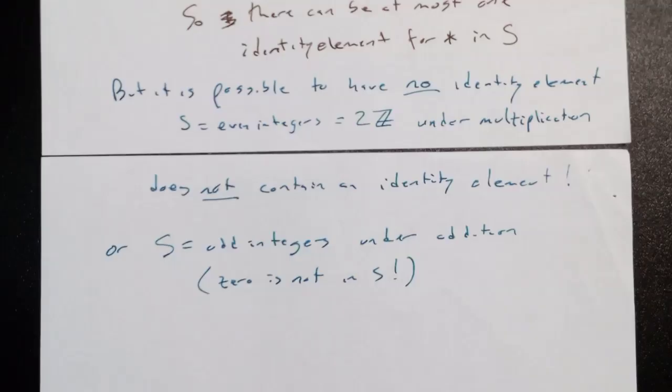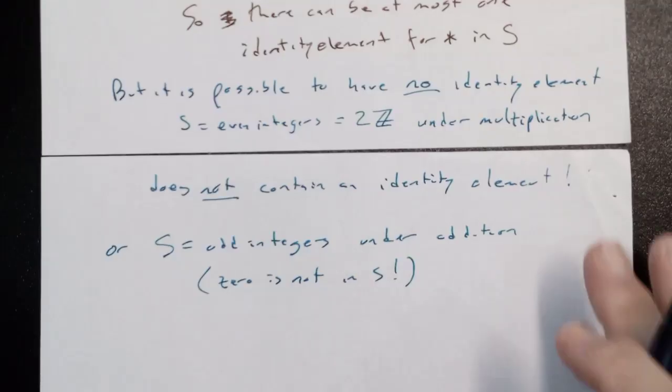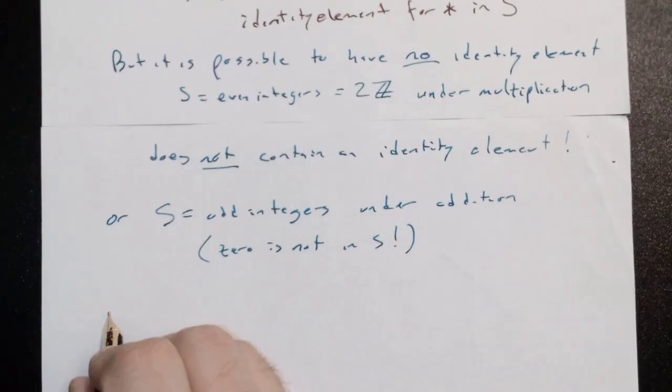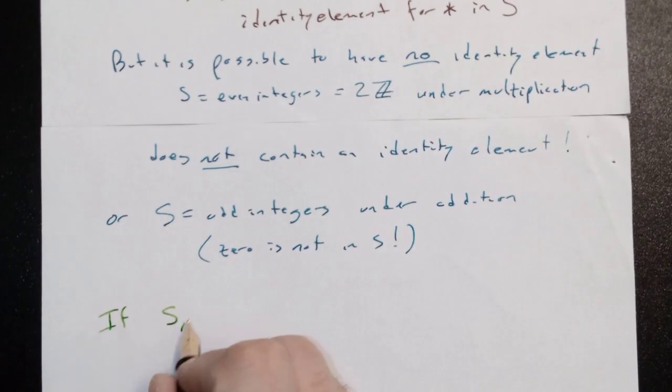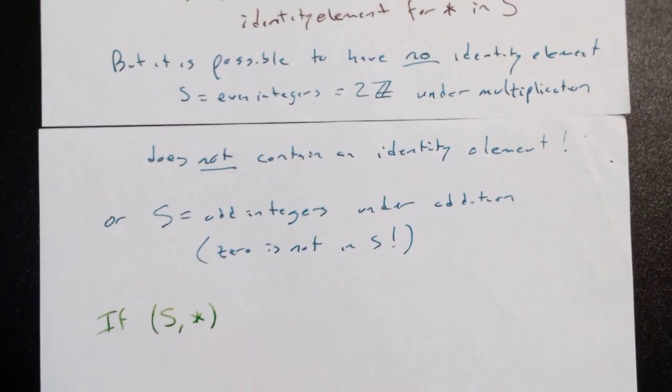Once I have an identity, that ordered pair notation right there tells me I'm going to use the set S under the operation star, whatever it happens to be.